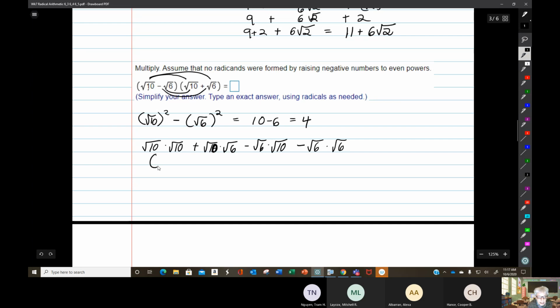So this would be the square root of 10 squared plus the square root of 60 minus the square root of 60 minus the square root of 6 squared. The square root of 60 minus the square root of 60 is 0.